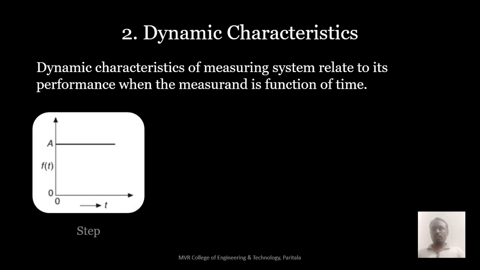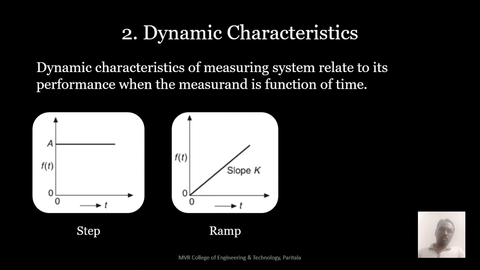So these are the several inputs you know. These are functions of time. We know very well about the step input. Here the output is constant from 0 to infinite time, and here it was the ramp input. These are the inputs which are functions of time. So while using these types of inputs, we have to consider the dynamic characteristics.